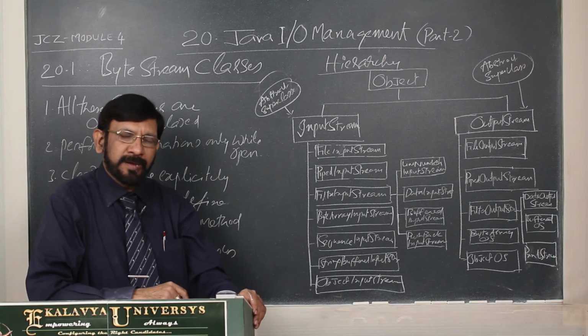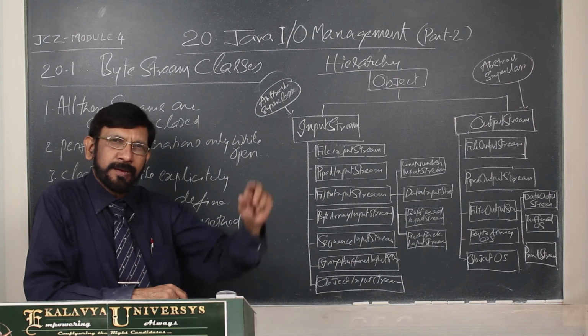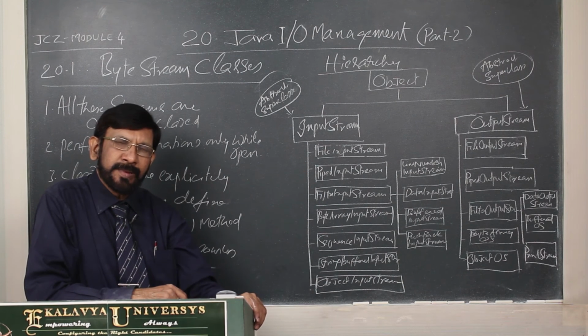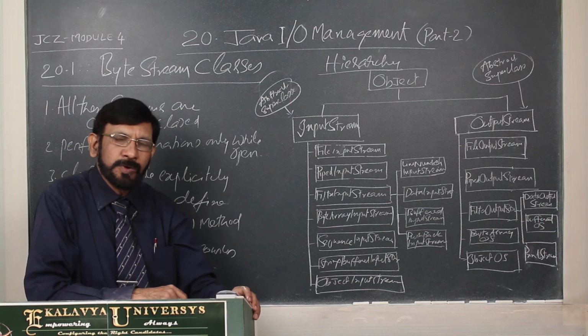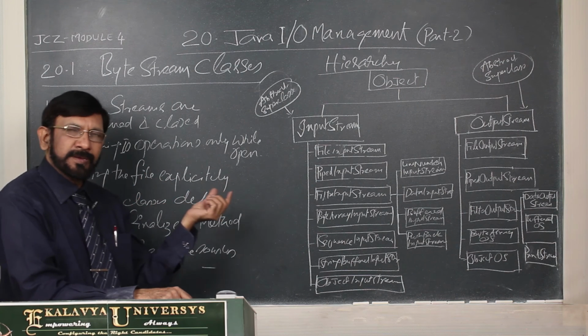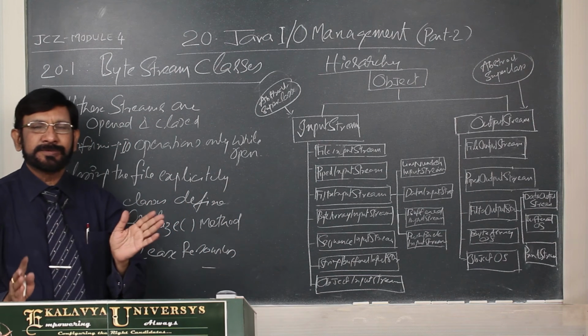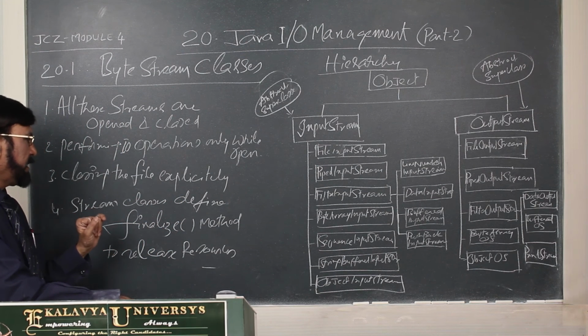Actually, the class may use some files, some net connection and some other resources. So, whenever you are closing explicitly, all those are released, and that point you have to understand.